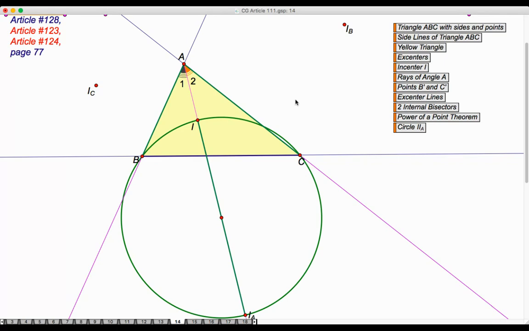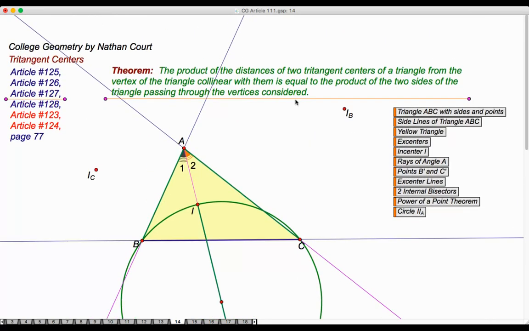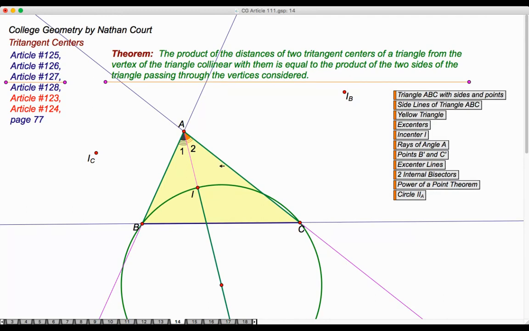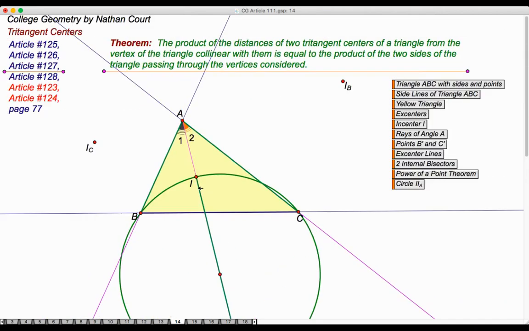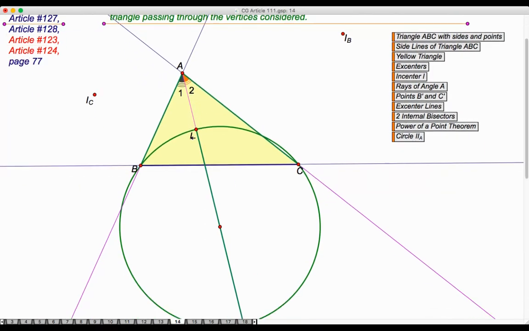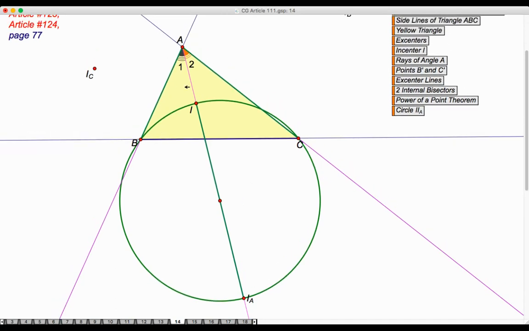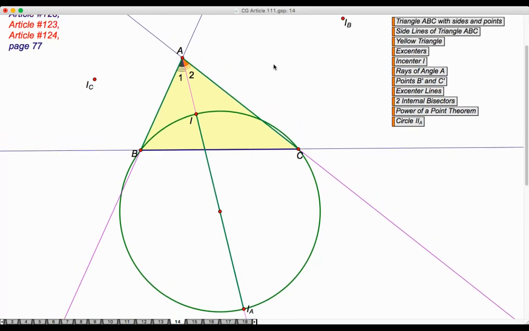And then, what it says here is that the product of two tritangent centers, so that's I and I sub A, with vertex A. So AI times I sub A is equal to AB times AC.